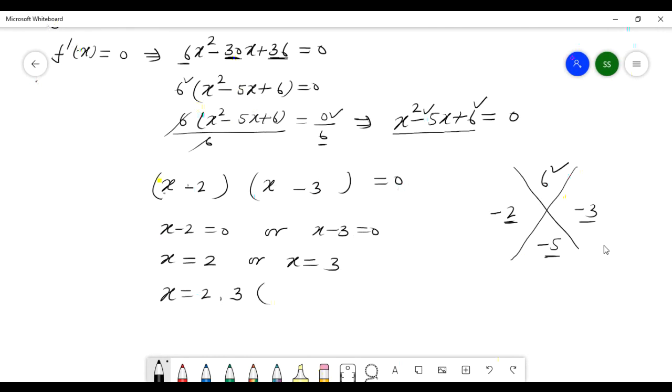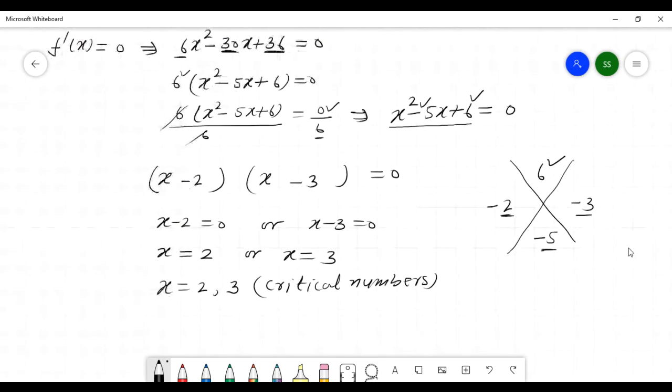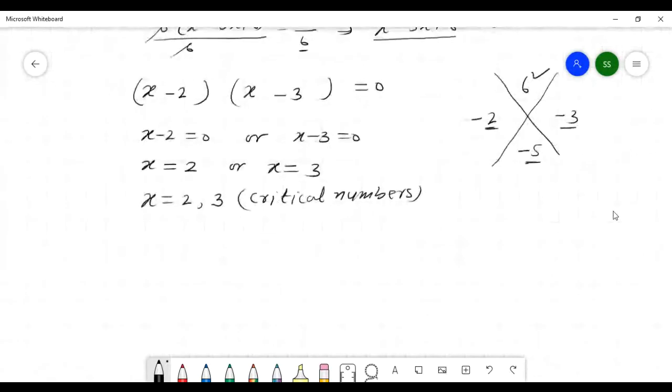These two numbers are the critical numbers.